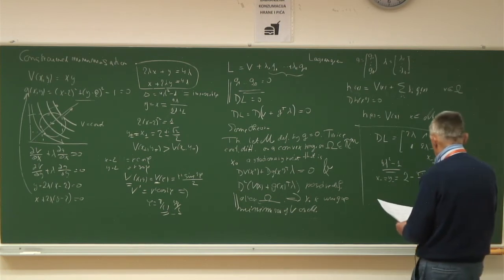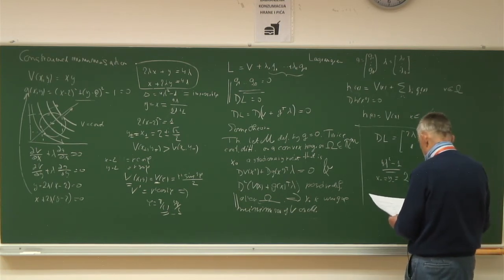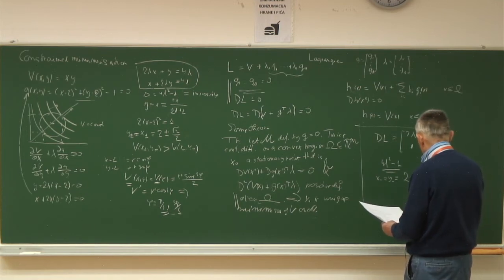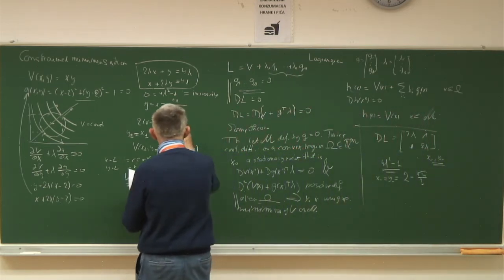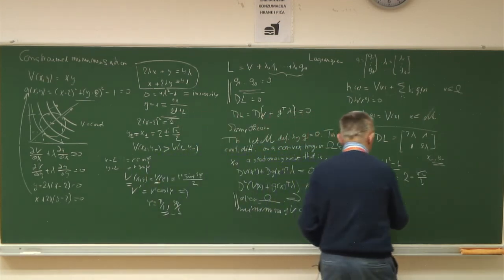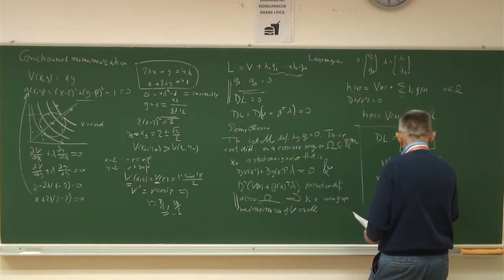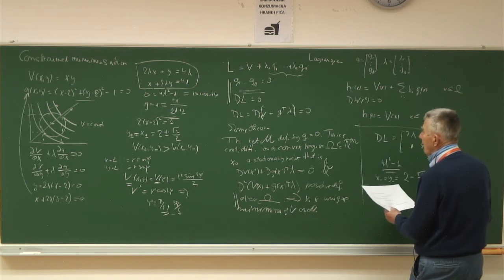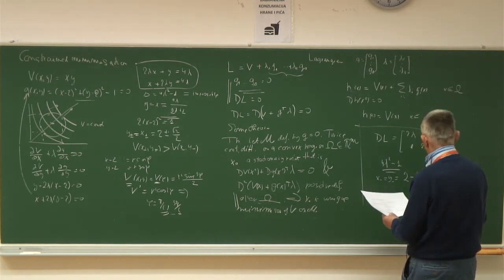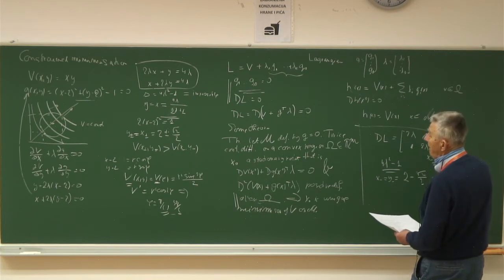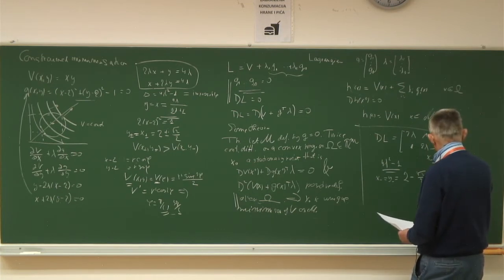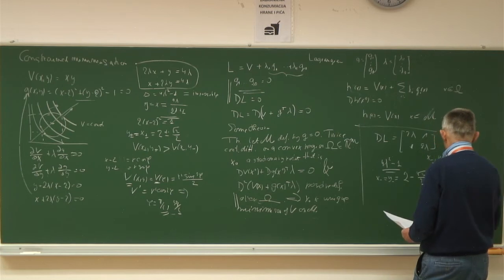And from here, this is equal to 4 lambda over 2 lambda plus 1.